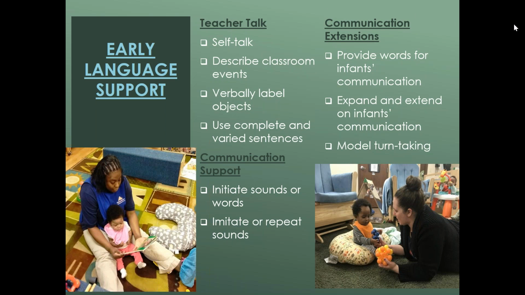Sometimes we seem to think that with infants we have to use little small words, but we use complete sentences. This is teacher talk, and this is our early language support for them, and how we get them to hear language. We get them to hear full sentences. So we use complete and varied sentences when we're talking to the infants.